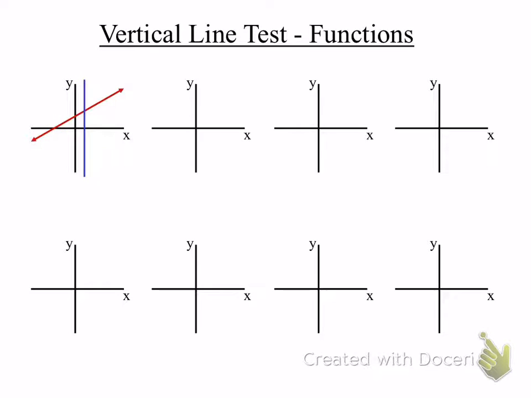If it doesn't cross it at 2 times in the exact moment of time, we call it a function.